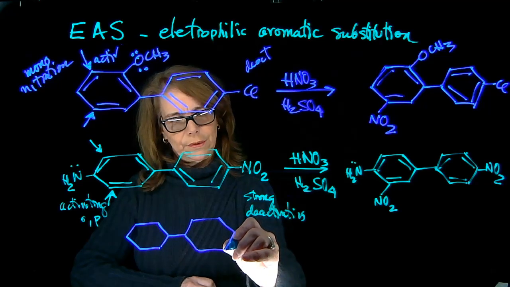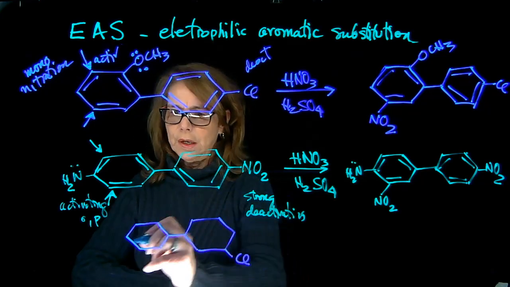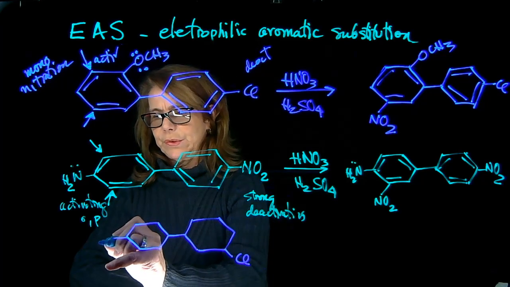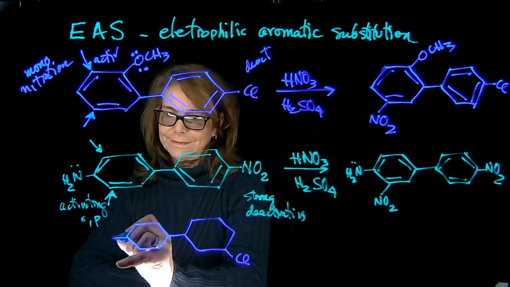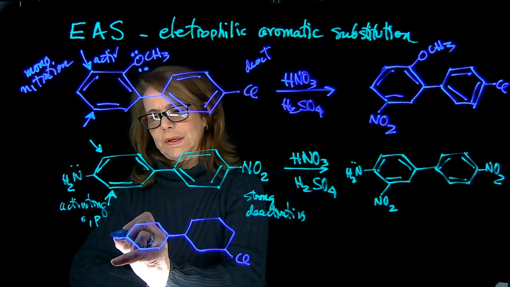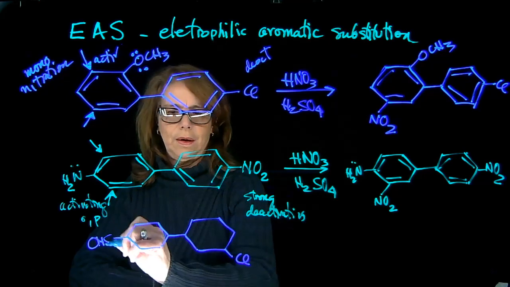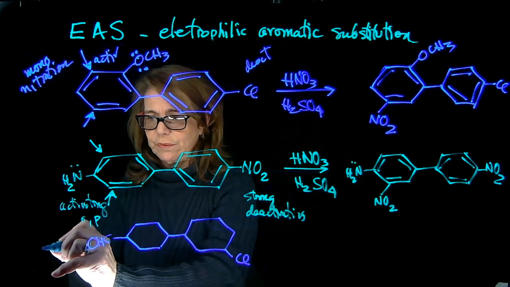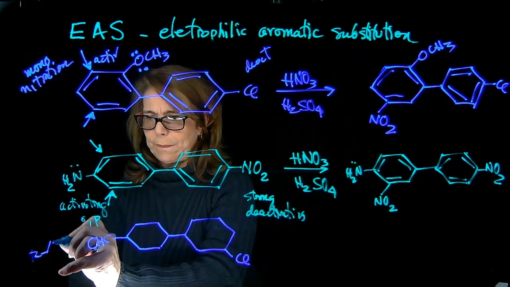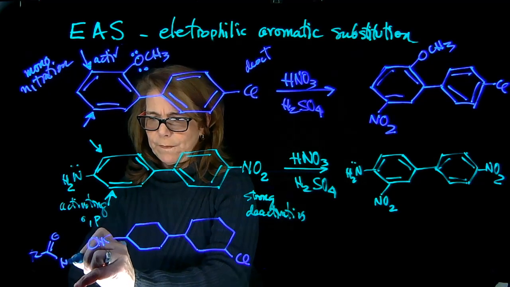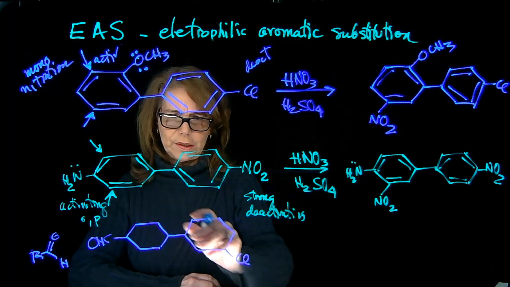Let's add a chlorine here, and here I'm going to put an aldehyde. I'm going to write CHO here, that's the abbreviation. Remember, an aldehyde is that, and your R is all of that.